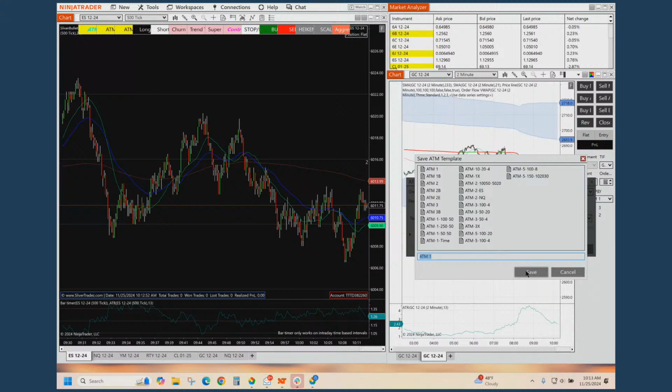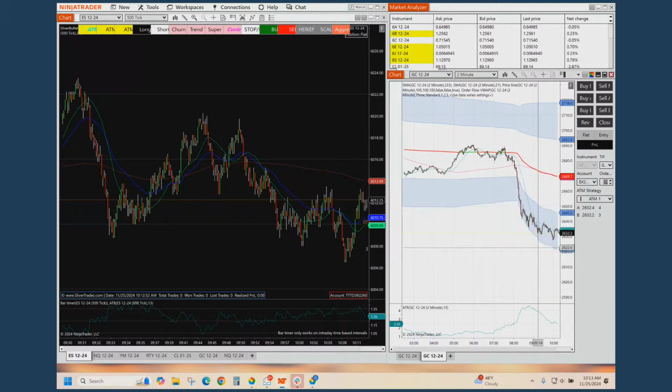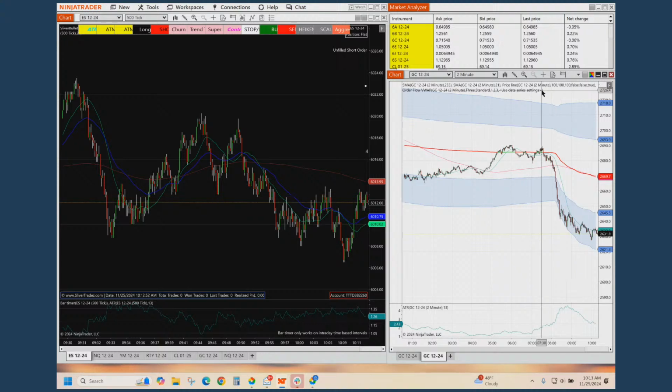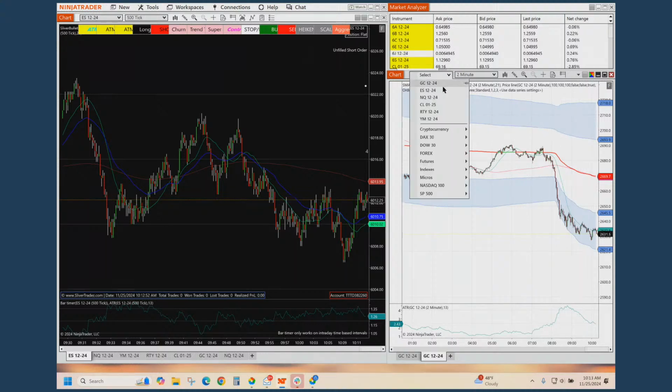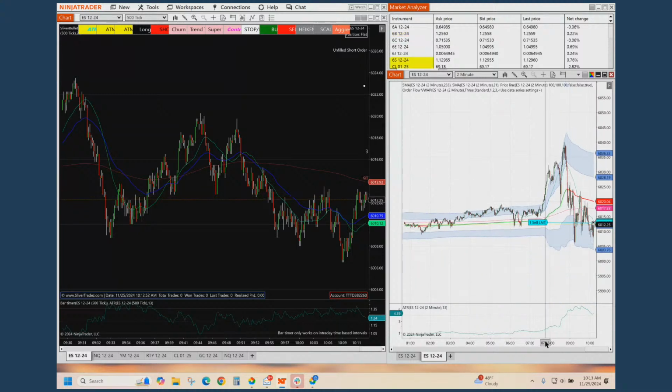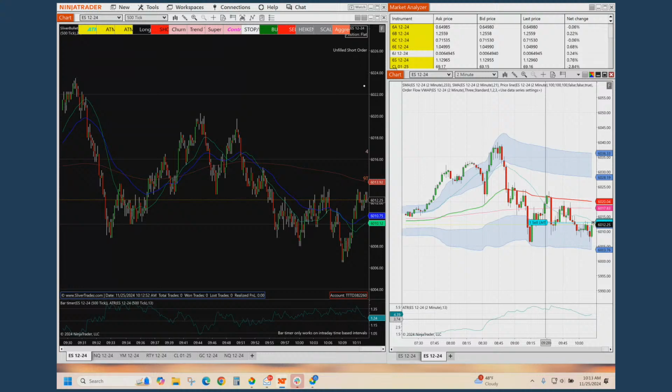So 4 ticks, save it, okay. I'll take a contrarian trade when the price goes somewhere here. I'll not take it here. So okay, now I can push for a trade. Order submitted. ES here as well. All right. So there is a trade order placed, not filled yet.